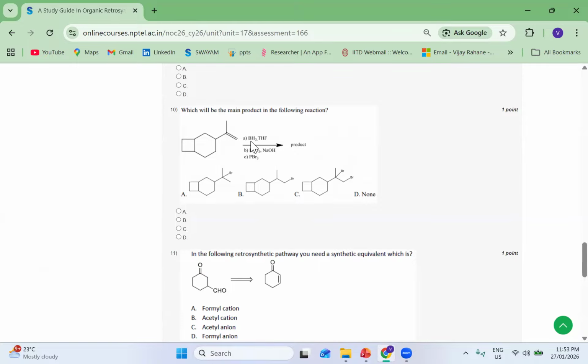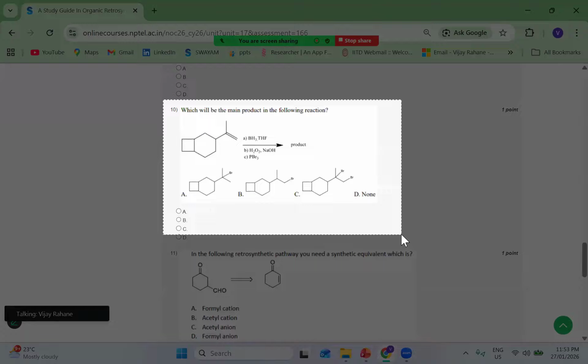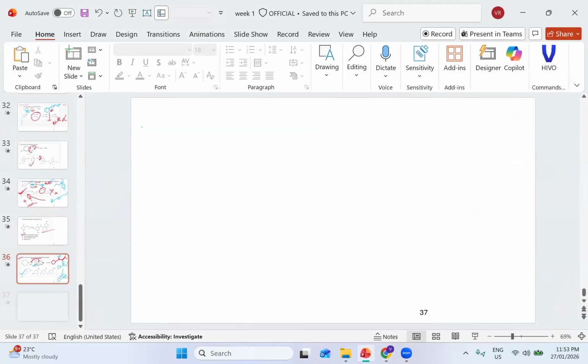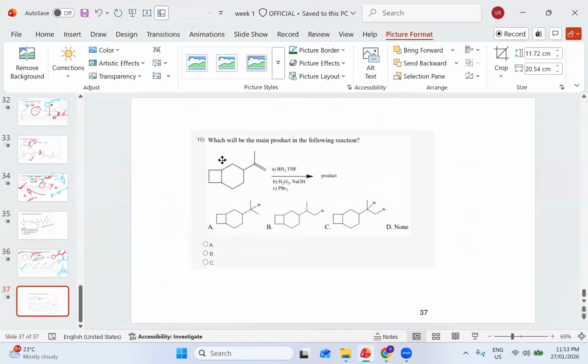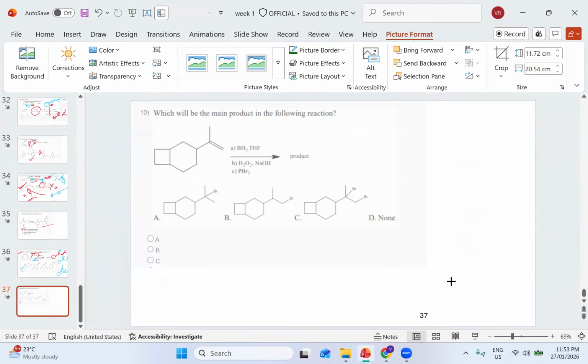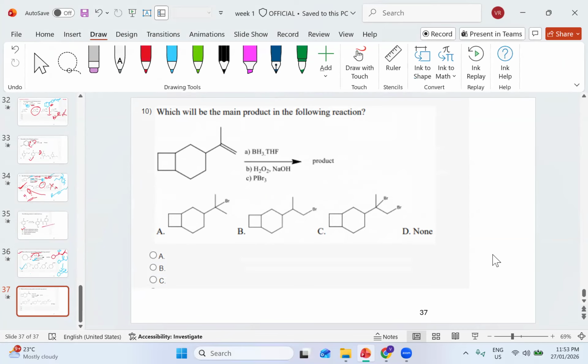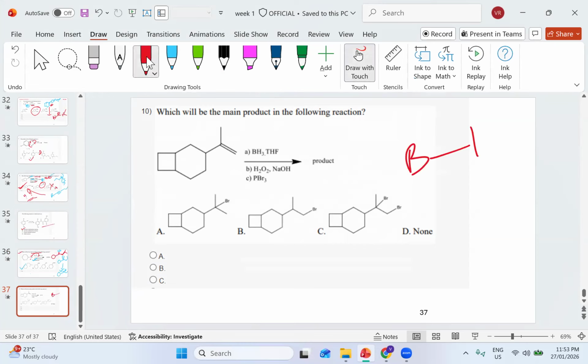So obviously this will be the addition of BH3. In BH3, you need to take into account that boron is electropositive here and hydrogen is electronegative. You need to take that into consideration. Otherwise, you will just directly add according to the Markovnikov rule. So B is generally positive and H is negative.